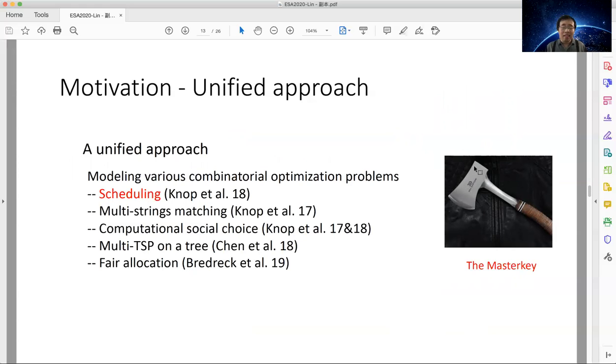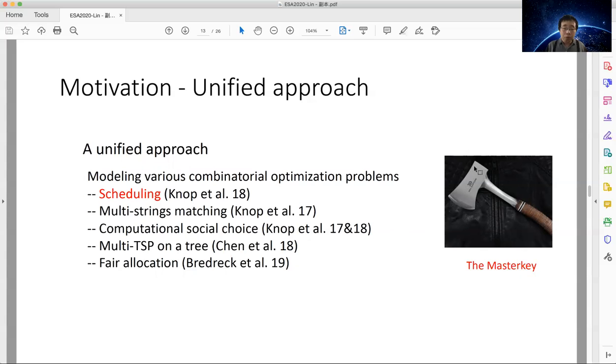I just gave you an example of scheduling, but indeed such block-structured integer programs arise in a variety of problems studied by researchers in recent years, including scheduling, multi-string matching, fair allocation, and multiple TSP on the tree, etc. Think about it: if we have a good algorithm for block structured integer programs, it means we have a sharper tool for all of them.